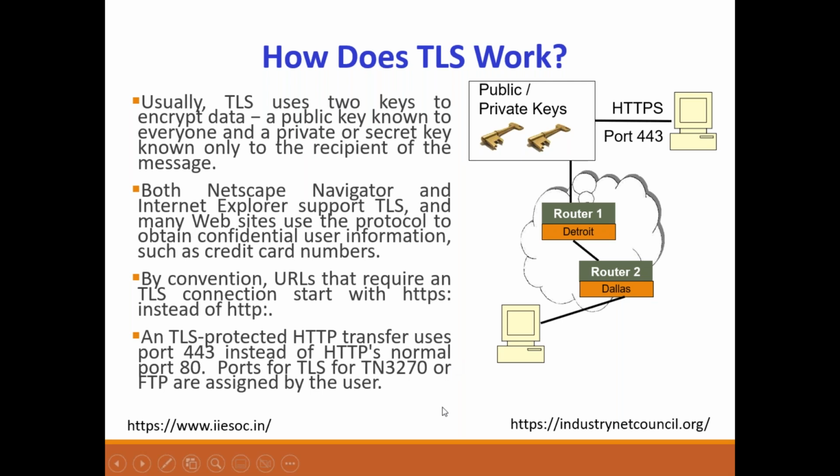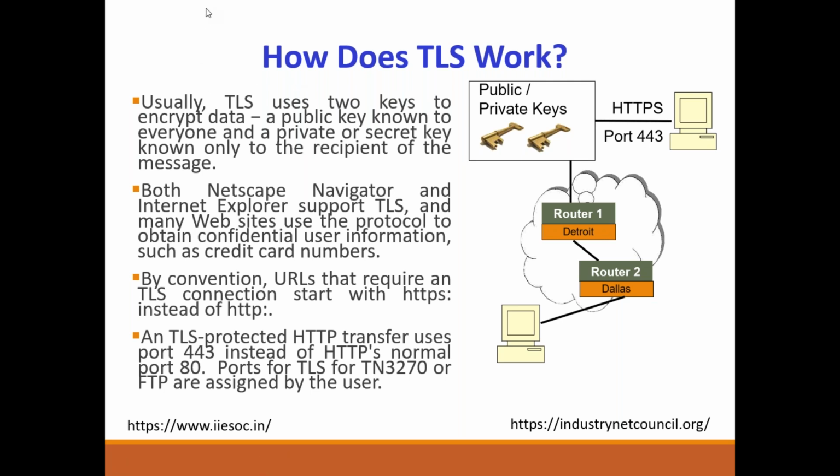What TLS does is that it uses asymmetric encryption to start the handshake and to generate the symmetric key that will be used for the flow of the session. So the asymmetric key is used for the handshake process. What we're talking about in TLS is public key, private key encryption.